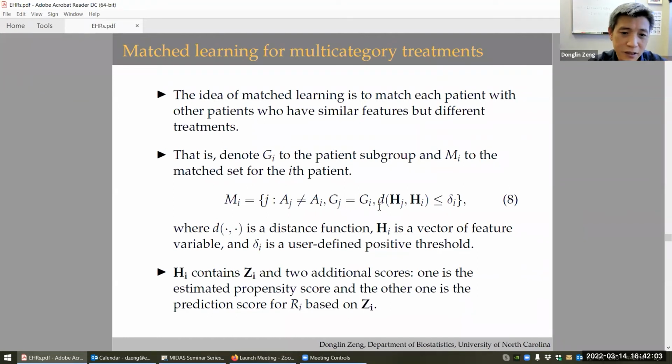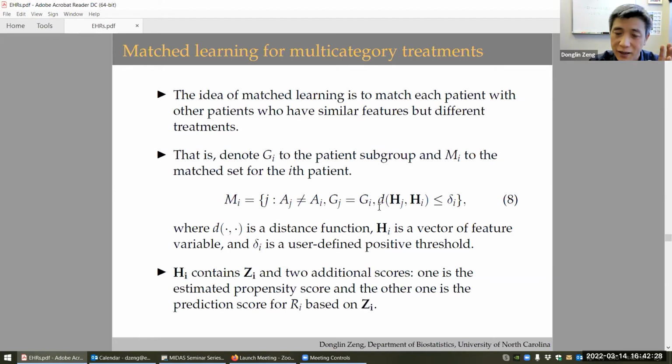And in this case, remember Z has a lot of variables, right? First is a cluster, which we learned from the statistical modeling. So naturally you just match on the cluster. But second, you're also going to match on the propensity and prognostic scores, which I just talked about a couple of slides earlier. Because those scores are very informative about the treatment decision.